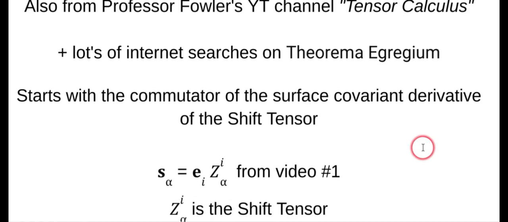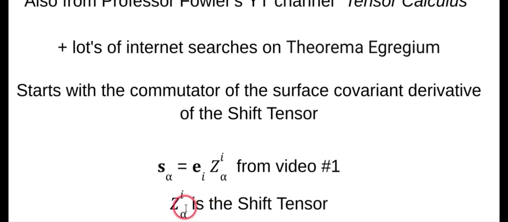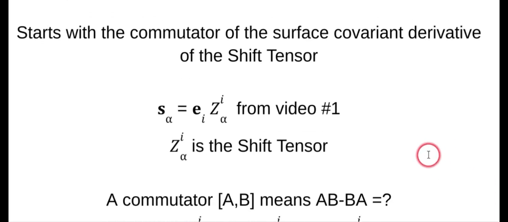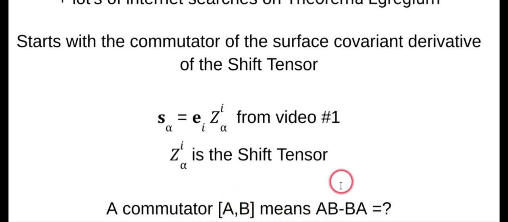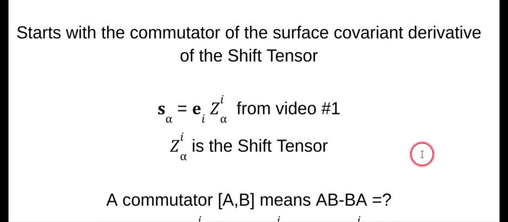Okay, so this is the shift tensor. Now, a commutator is written like this, bracket A comma B, means A acting on B minus B acting on A equals something. So if these were numbers like 2 and 4, you can see that would equal 0. But for operators, especially like the covariant derivative, it isn't necessarily going to be 0.